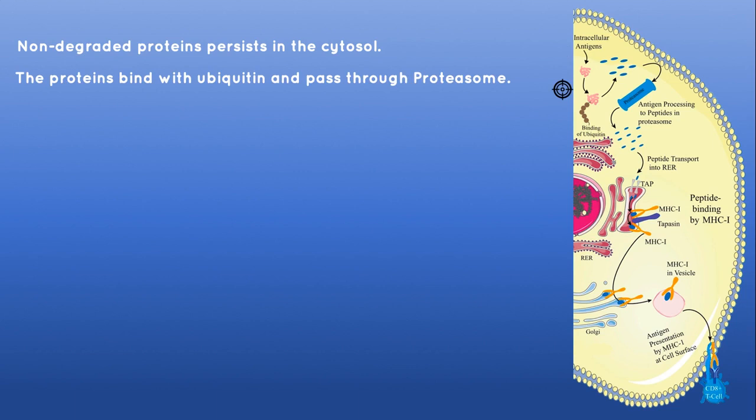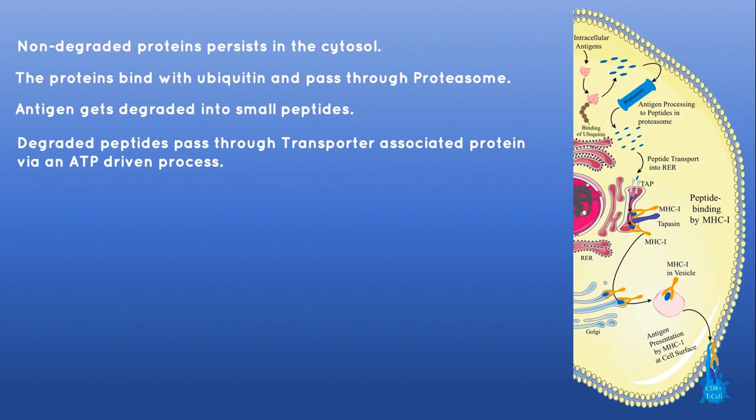These peptides bind with ubiquitin, and the conjugate complex so formed then passes through the proteolytic system, the proteasome, which consists of a 19S regulatory component and a 20S base. The antigen is degraded into small peptides inside the proteasome. The peptides produced in the cytosol pass through TAP by an ATP-driven process.